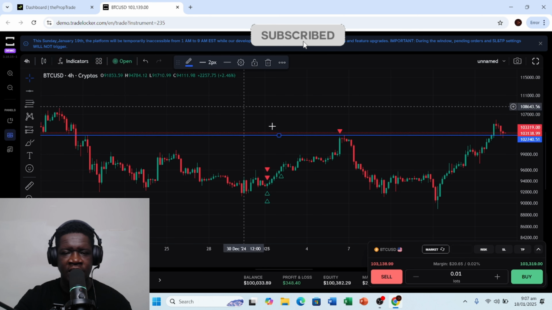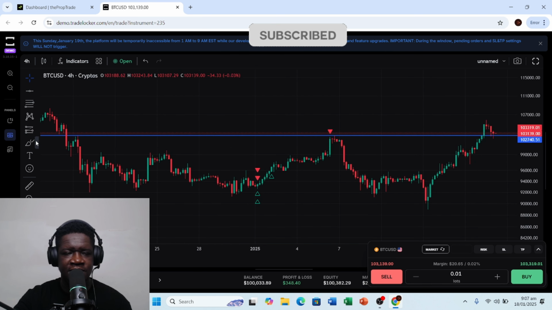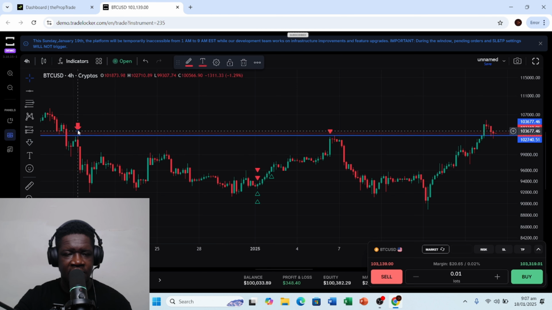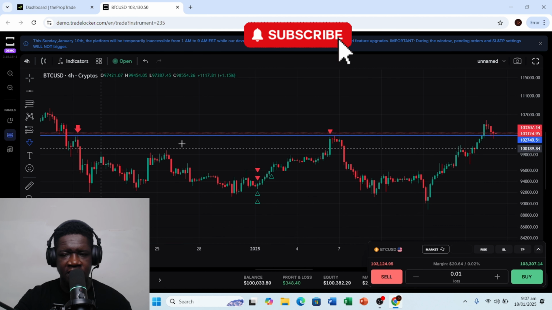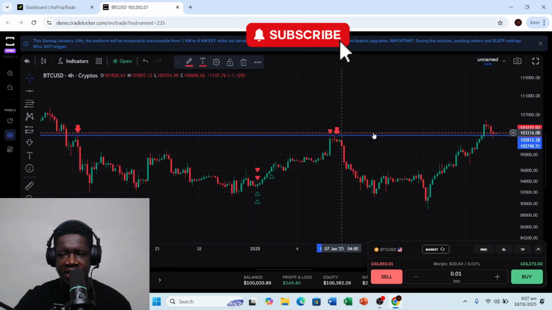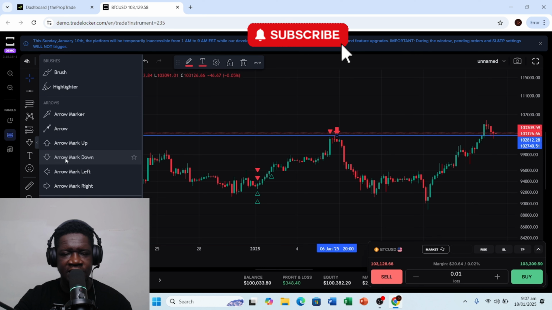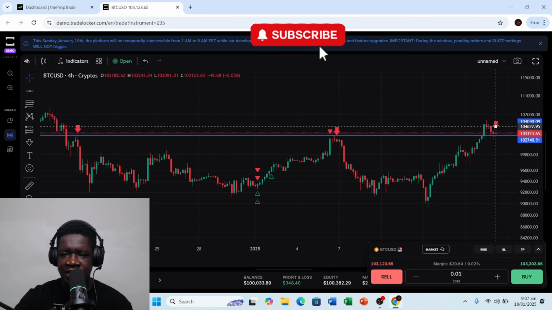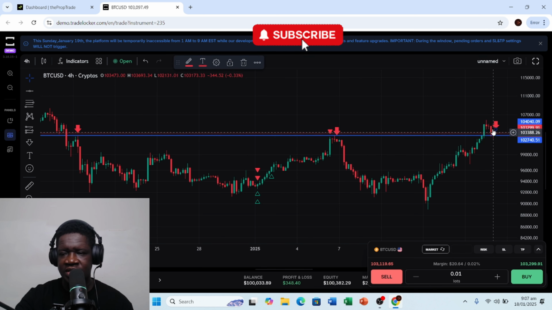Looking at this closely, when the price was here it got rejected, and here it got rejected again. And at this point, where the price currently is, you realize that the price broke through the resistance and is retracing or going down.